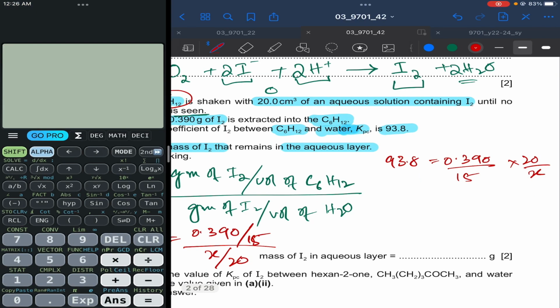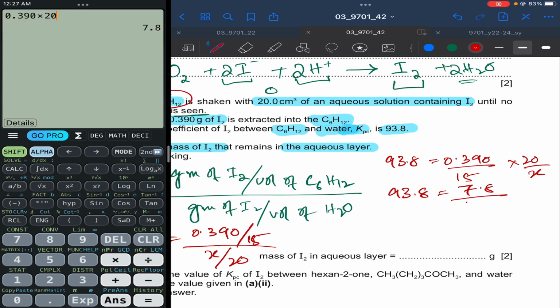Okay, so we have 0.390 multiplied by 20, which equals 7.8. So 93.8 equals 7.8 upon 15x, right?